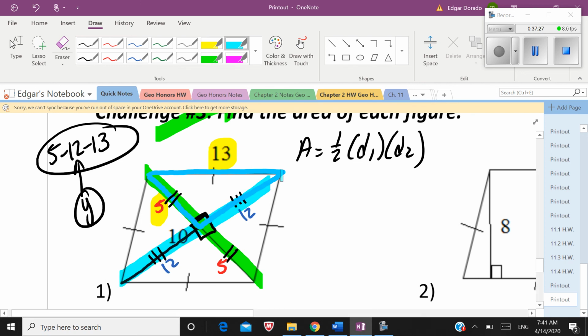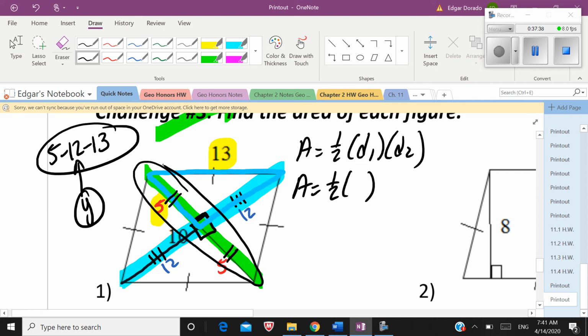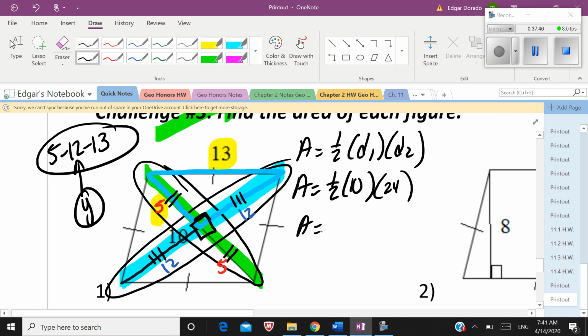I know the second diagonal. 12 plus 12 is 24. So let's put that all in the formula. 1/2 diagonal number 1 was this whole thing, that was 10, times diagonal number 2, which is 12 plus 12, 24, for a final answer of 5 times 24, or 120 units squared.